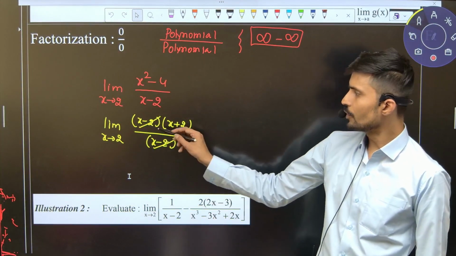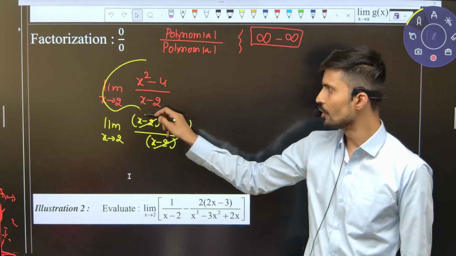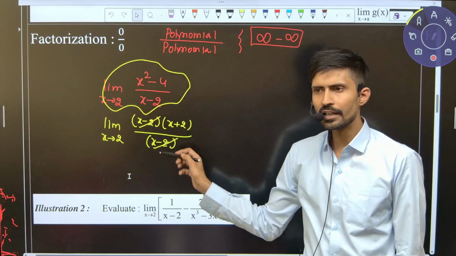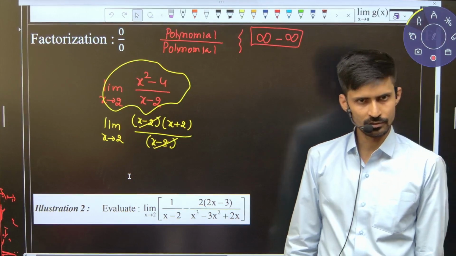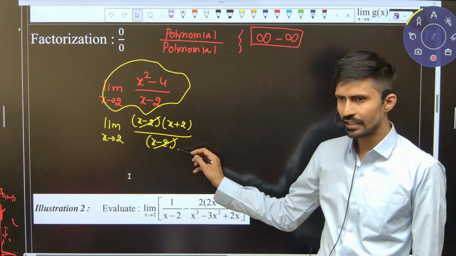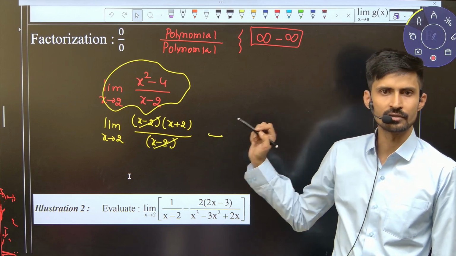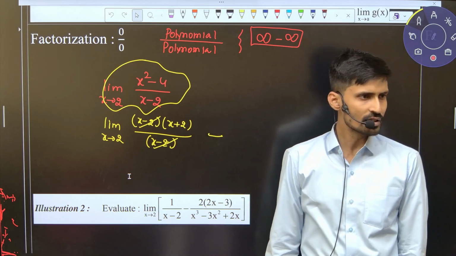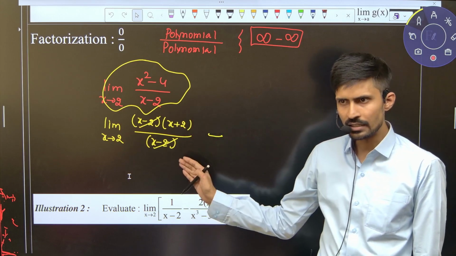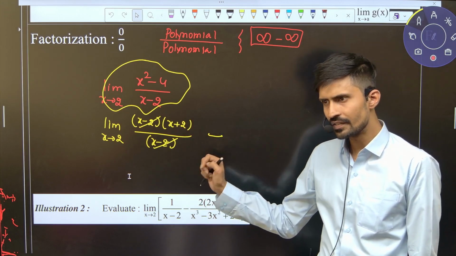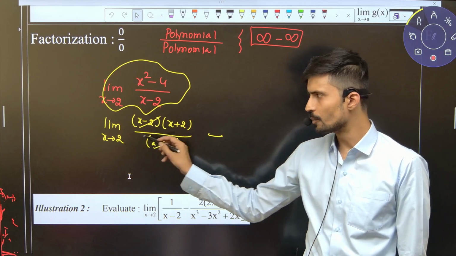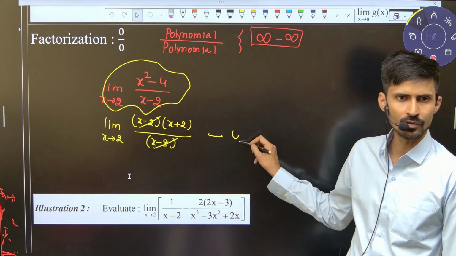But how will we know from this question what will get cancelled in numerator and denominator? Because once things get cancelled, the next step you will get the answer. Once you find what I have to cancel, after that the answer is very easy. Simple, this both got cancelled. Put 2 here. 2 plus 2, 4. Answer will be 4.